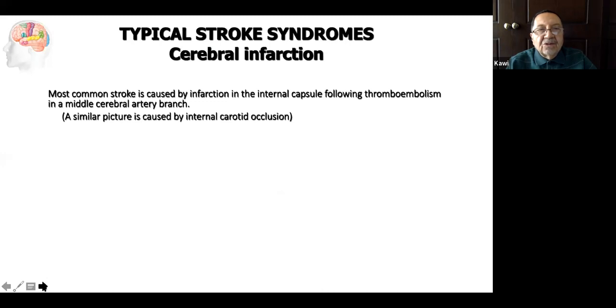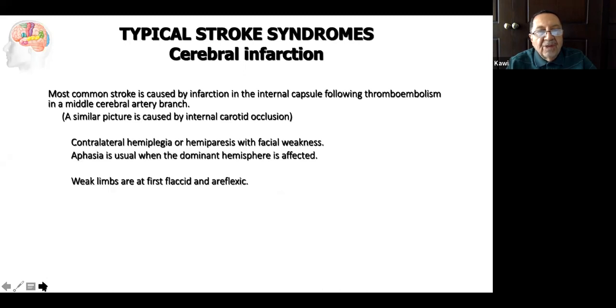The typical stroke syndrome is contralateral hemiplegia and hemiparesis with facial weakness, aphasia when the dominant hemisphere is involved, and weak limbs. At first, they are flaccid due to cerebral shock, with areflexia, and then reflexes start to increase.